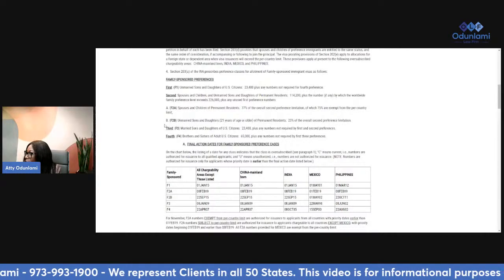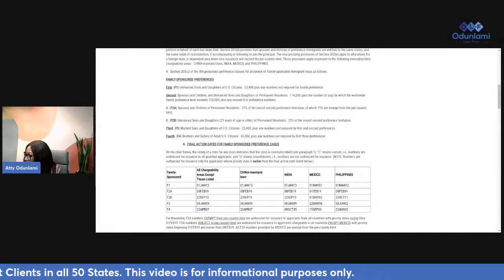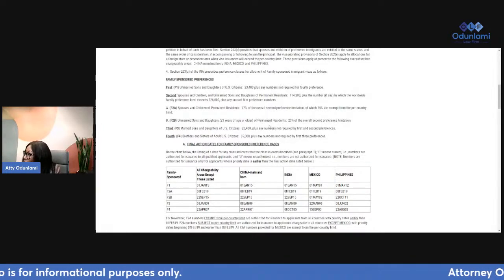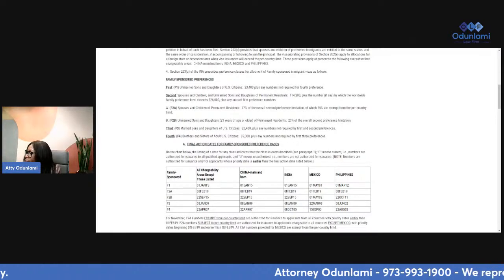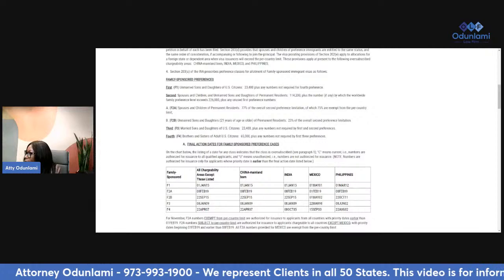So you are a permanent resident filing for your unmarried son over 21, right? And then you become a US citizen, right? So that would mean that that child would move to F1, right?